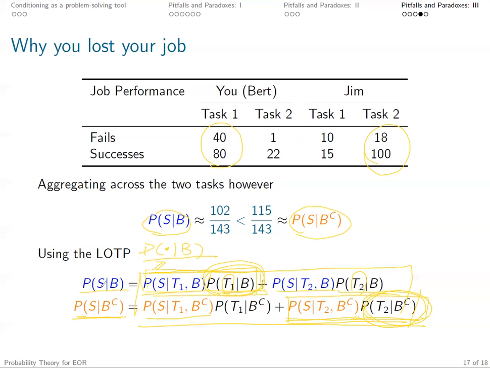If we compare these 2 values naively, we are actually more like comparing the success rate for Bert doing task 1 with the success rate of Jim doing task 2. So we are comparing 2 different things. That's why we could not simply average events that are not comparable. You could draw a very weird conclusion here.